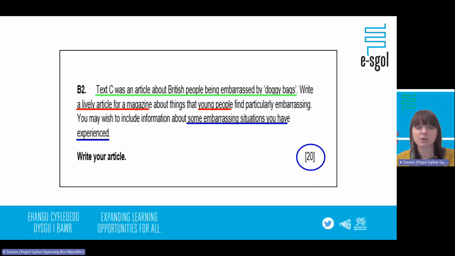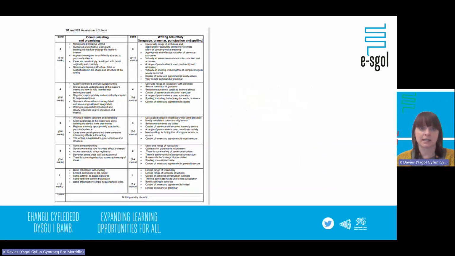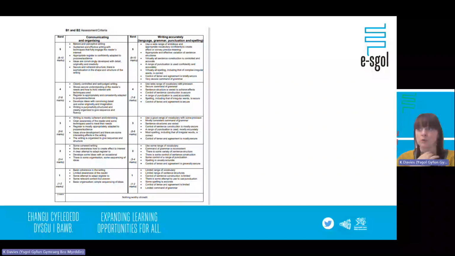Okay, so if we just briefly now have a look at the guide to the marks that are being awarded here, your mark scheme. So it goes from band 5 down to band 1. On the left-hand side, you've got the communicating and the organising.